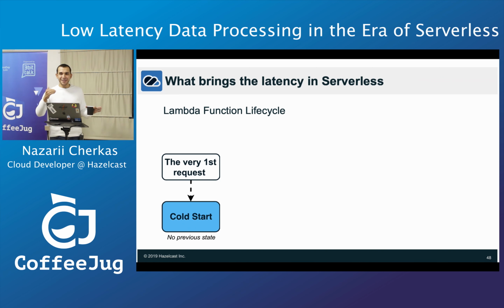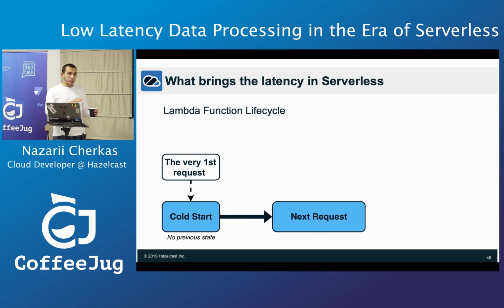It needs some time for you to initialize your runtime, to provision your memory, to restore it from the disk, and so on. All that is very expensive, and this is called cold start in Lambda functions.